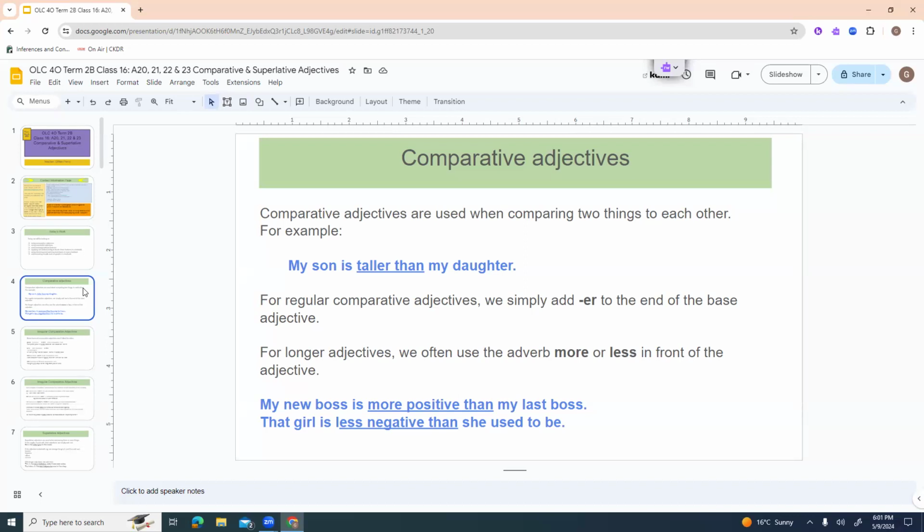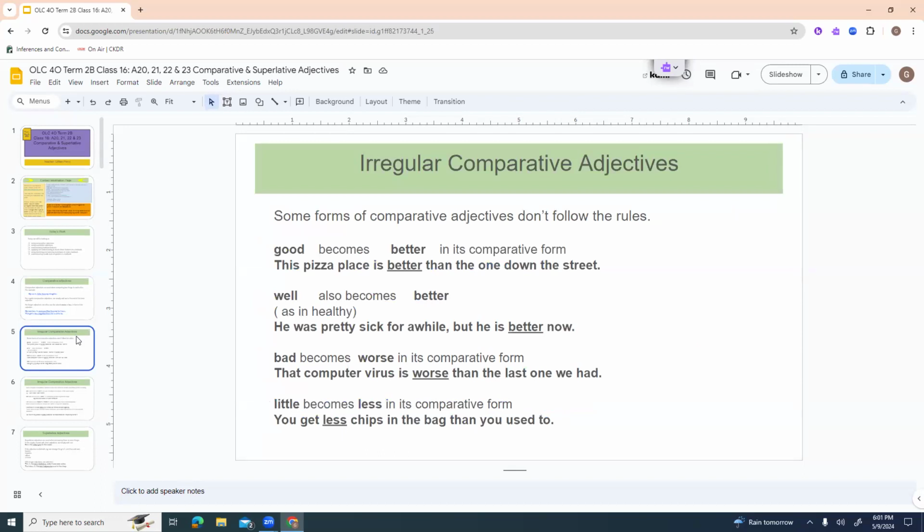That girl is less negative than she used to be. Than is also another word in English that signals we're comparing. It sounds a lot like the word then, but then is spelled with an E and relates to time. Than is showing, hey, here's two different things we're comparing, contrasting, that kind of idea.